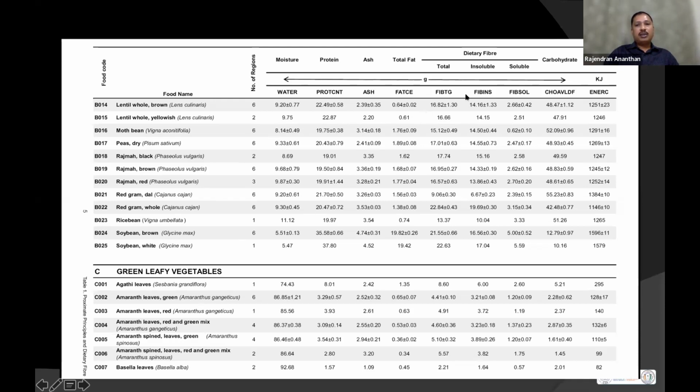Like that, the INFOODS tag names are also given for identification of the method with respect to the nutrients. Why? I can proudly say that the IFCT has been used by many countries, not only India, and the FAO is recommending that many other countries follow this kind of representation.